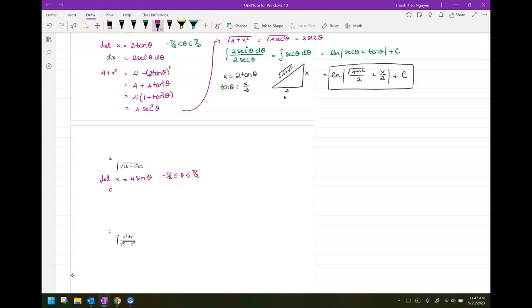Then dx equals 4 cosine theta d theta. 16 minus x squared is equal to 16 minus 16 sine squared of theta, and that equals 16 cosine squared of theta.